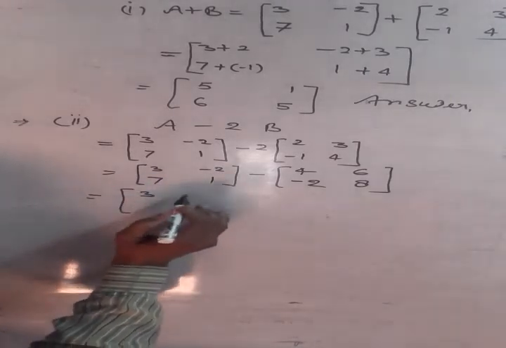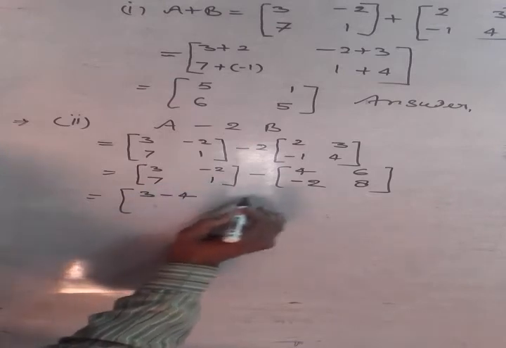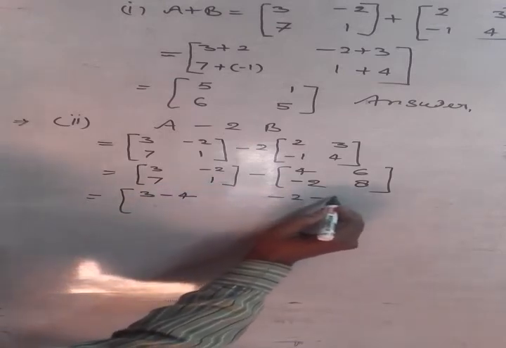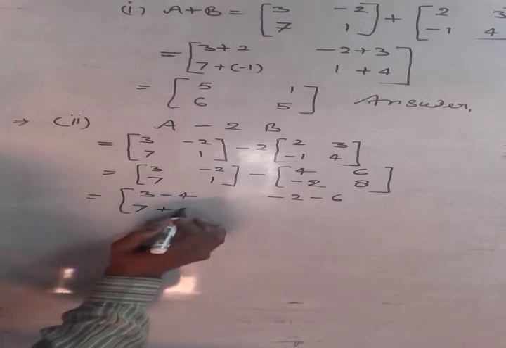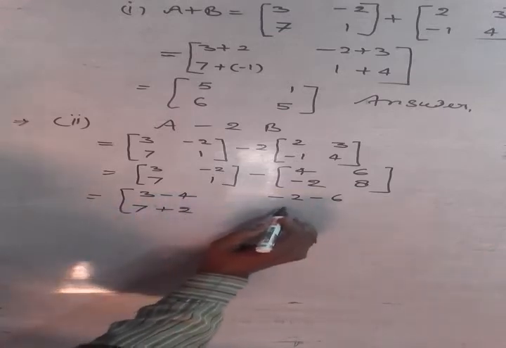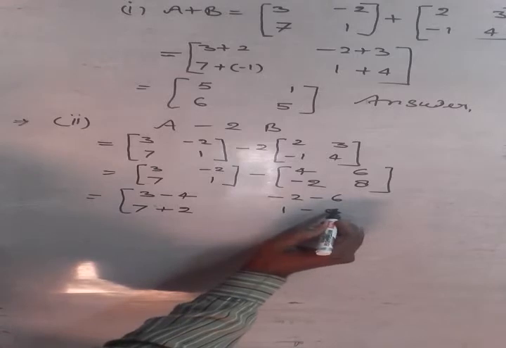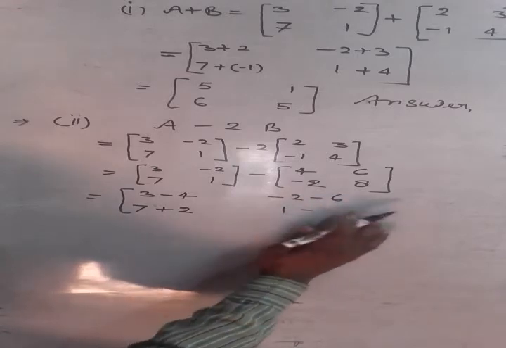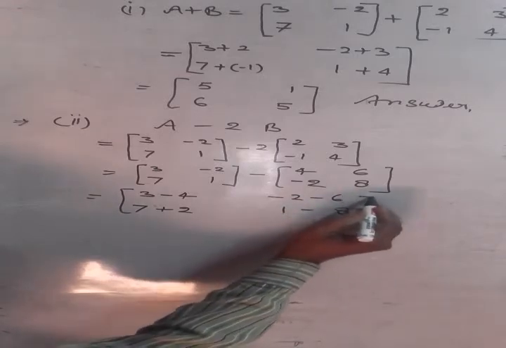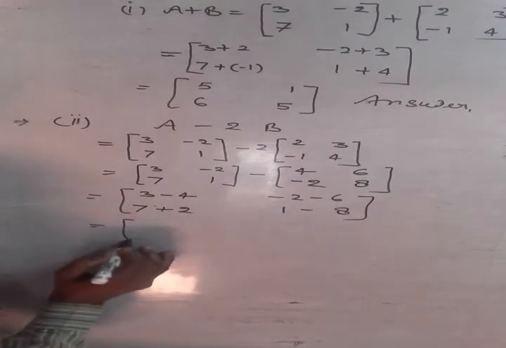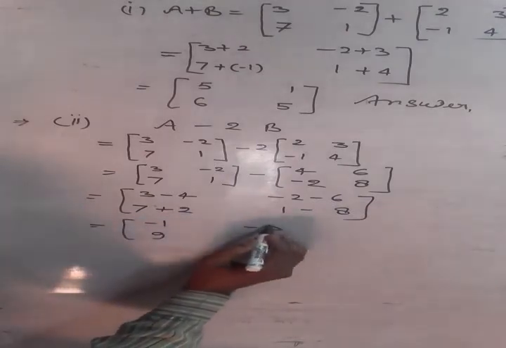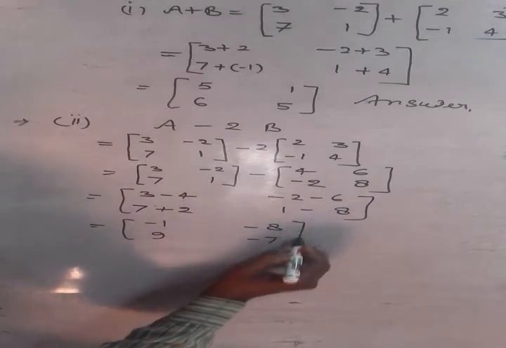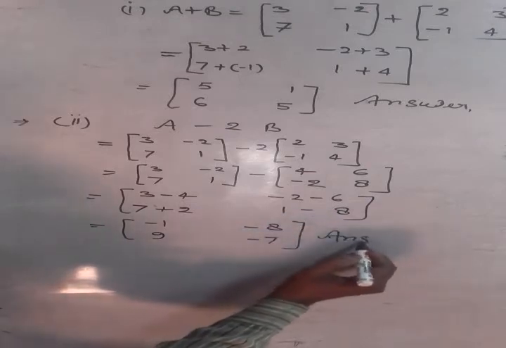So 3 minus 4, minus 2 minus 6, 7 plus 2, 1 minus 8, which gives minus 1, minus 8, 9, minus 7. That is the answer.